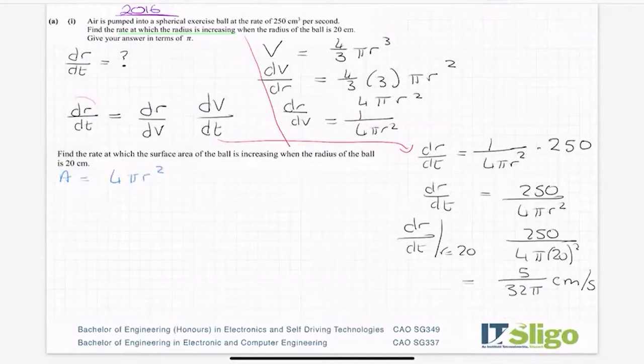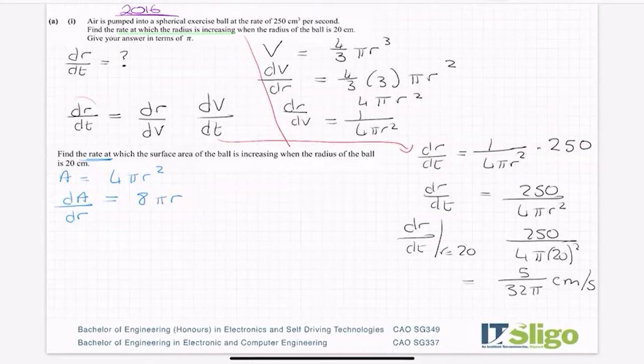Find the rate, so rates of change, so that's how you know that you need to differentiate it. So again, I can only differentiate that with respect to the radius because 4 and pi are constants. So 2 4s are 8 pi r.